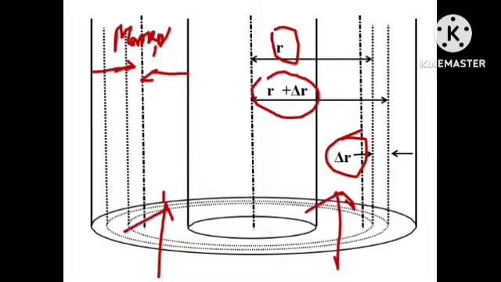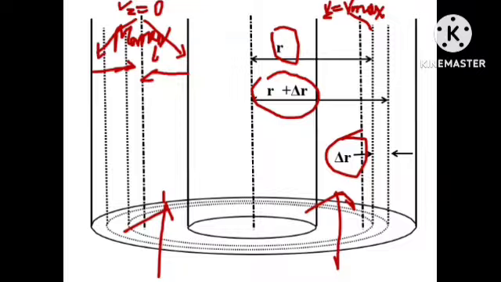This we call Vz equal to V max, and this we call Vz equal to 0. Clear?